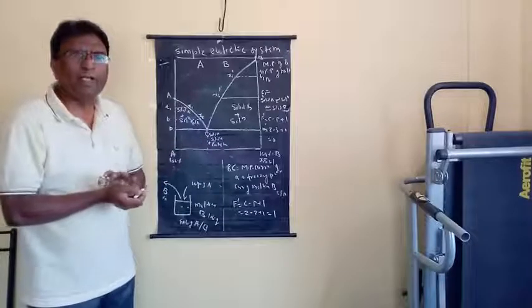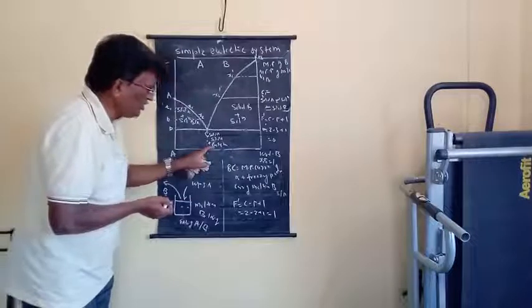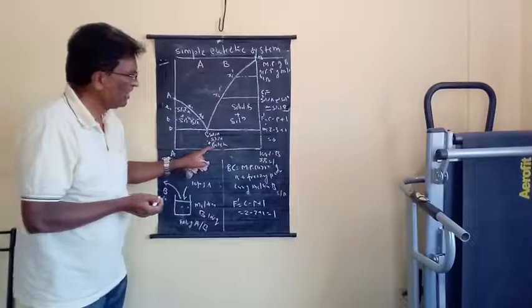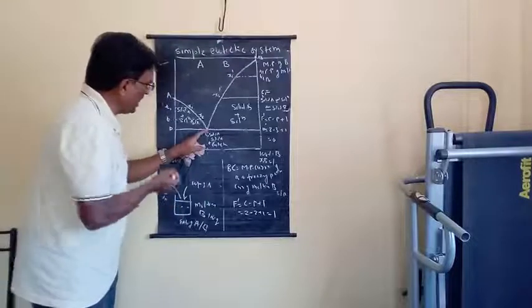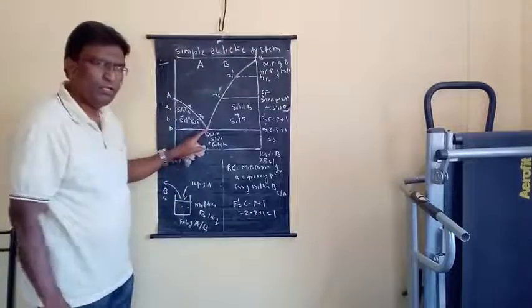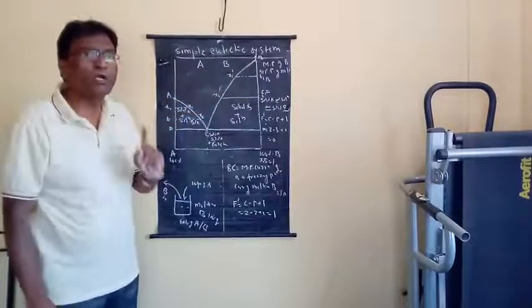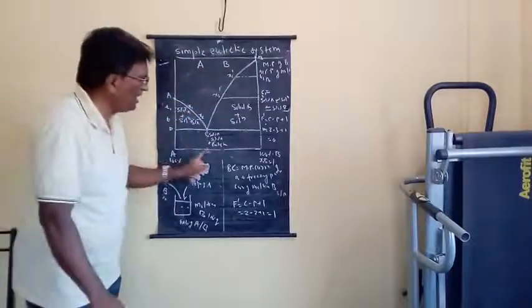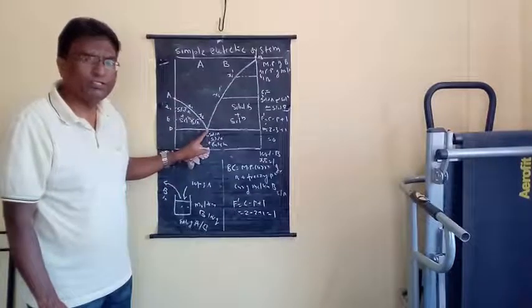Eutectic means easy melting. If we heat this solid eutectic composition, it will melt at this particular temperature, which is well below the melting temperature of either pure component, and that's why this is called the eutectic temperature, the easy melting temperature.